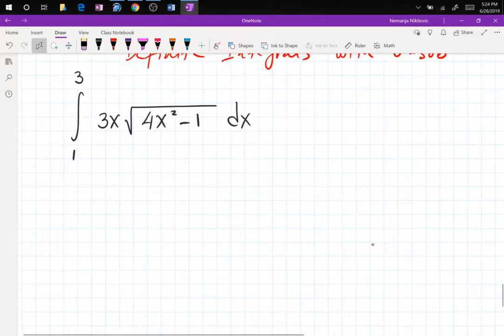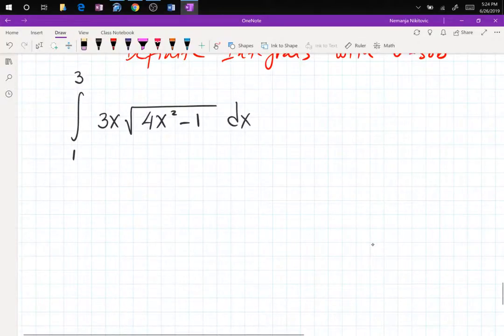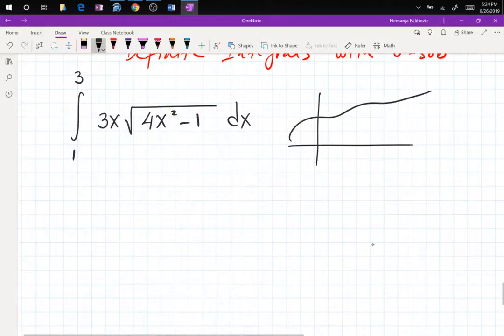What this integral represents is the area under this function here, whatever it graphs to. We don't know what it graphs to, so it's some kind of line. And between 1 and 3, we're looking at the area under the curve.